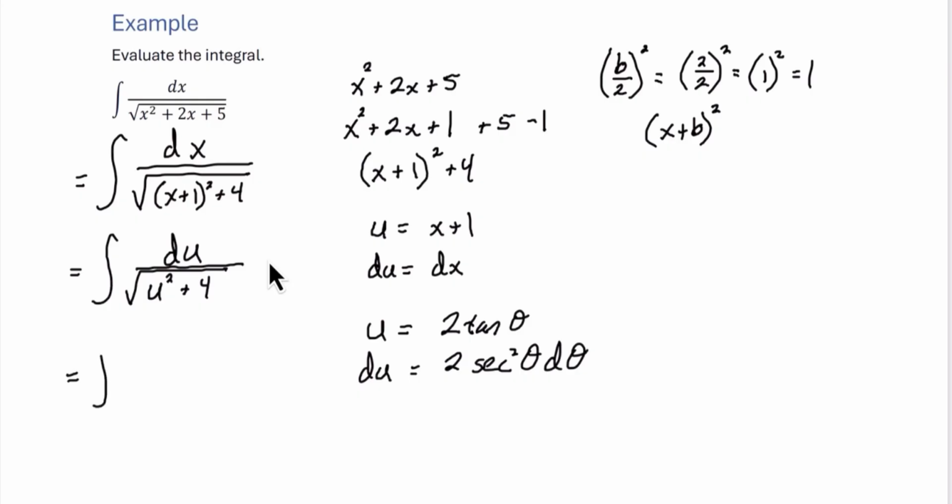Going back to that integral, we're going to replace du with 2 secant squared theta, and I like to pull d theta out to the end. In the denominator, we have the square root of u, which we are calling 2 tangent theta, that is squared, plus 4.